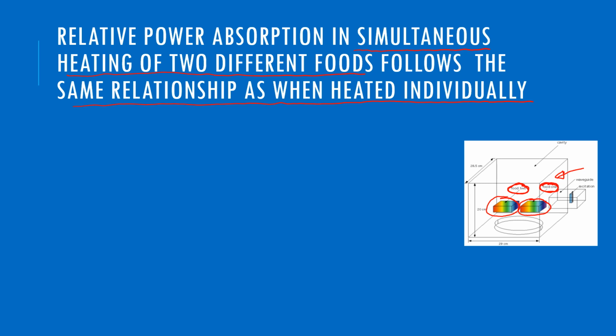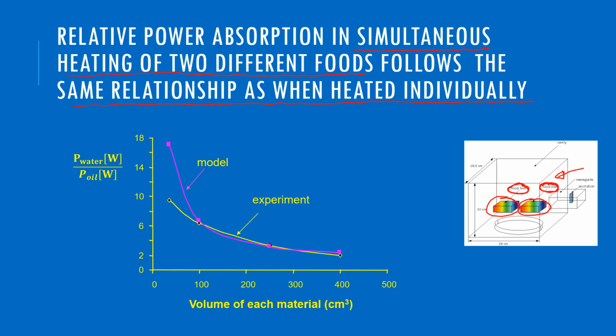Now let's look at the results for simultaneous heating. What you are seeing here is when we have these two foods, in this case water and oil, heated simultaneously, the y-axis is the power absorbed in water in watts divided by power absorbed in oil at any given volume.